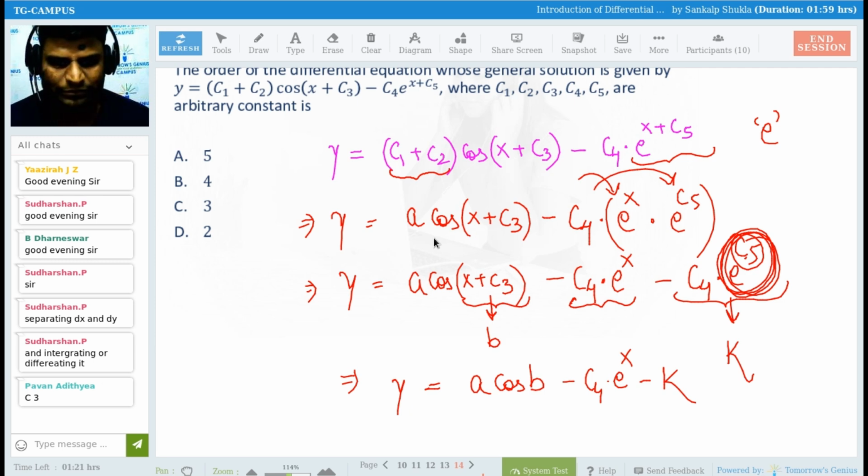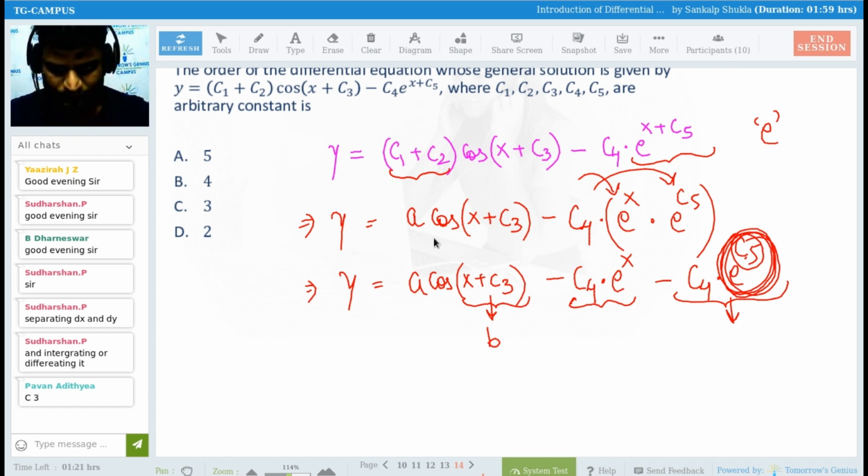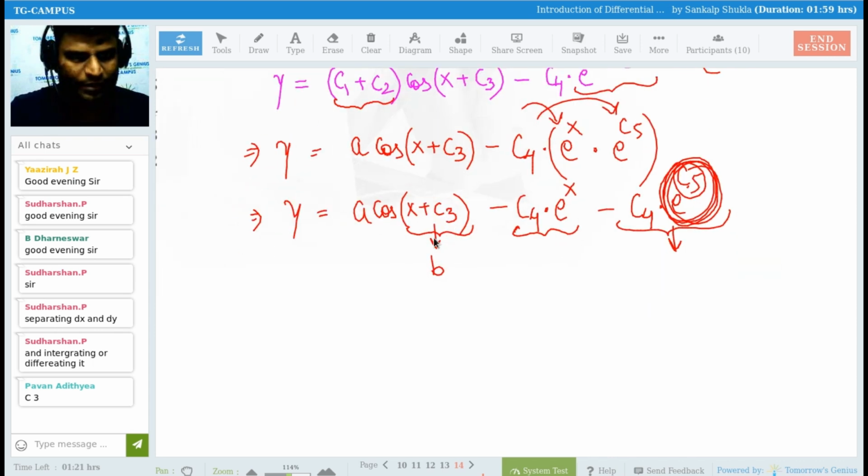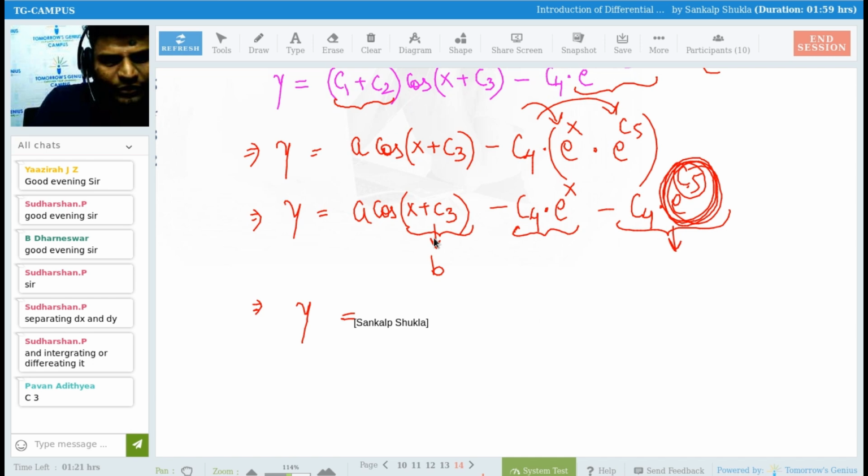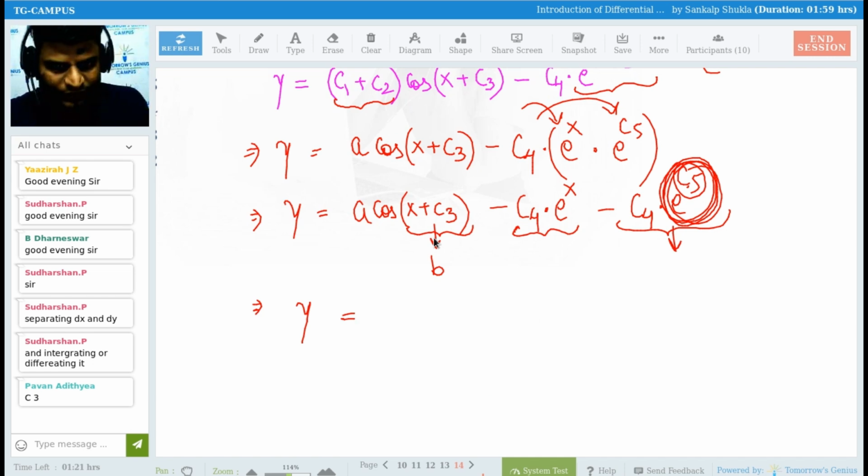Anybody else? Got this thing? What is the order? First is this variable. Wait. Okay, wait. I've made a very small calculation mistake. Please note that y is equal to A cos x plus C3 was there, so this is one constant with us.